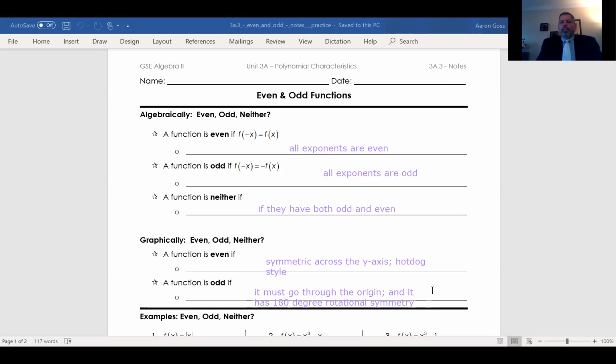That's a bunch of words, but what that means is if it's an odd function, then it has to go through the origin. As well as if I take it and I rotate it 180 degrees, 90, 180, and I end up with the same looking graph, then it has 180 degrees rotational symmetry.